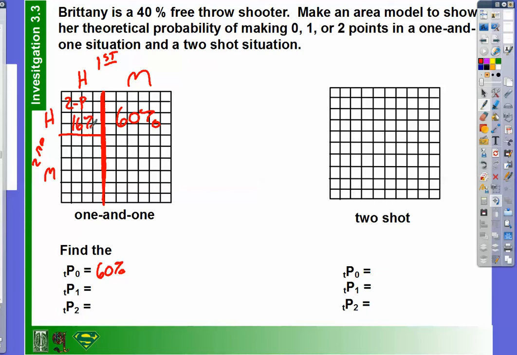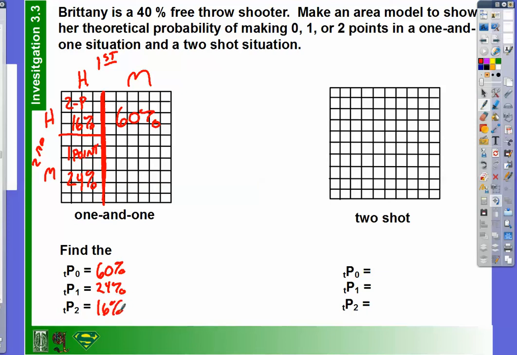Over here, we have 1 point because I hit the first shot, missed the second, and I have 24 squares out of 100, so 24%. And luckily, 16% plus 24% equals 40%. And so my probability here is 24% of the time, my probability here is 16% of the time.